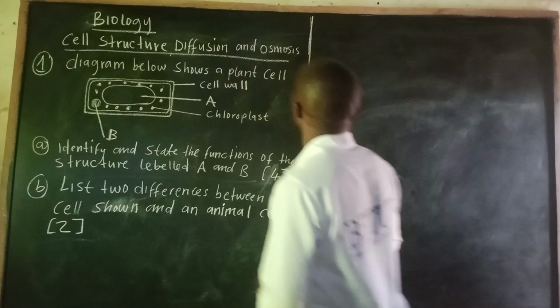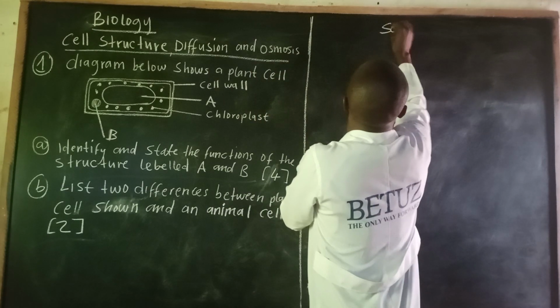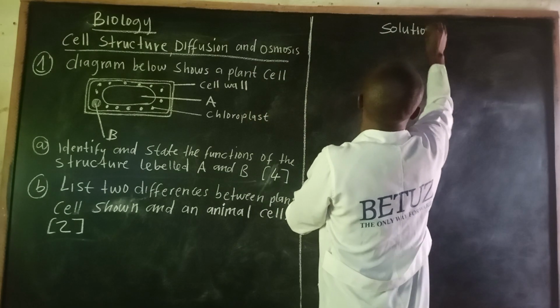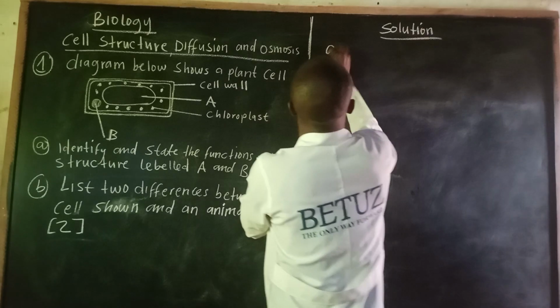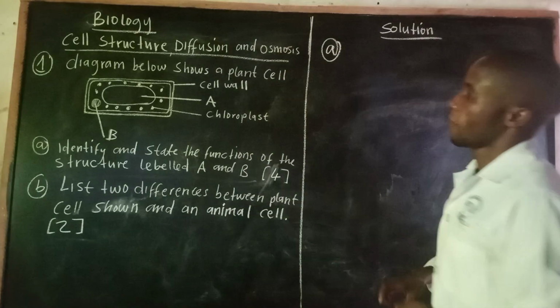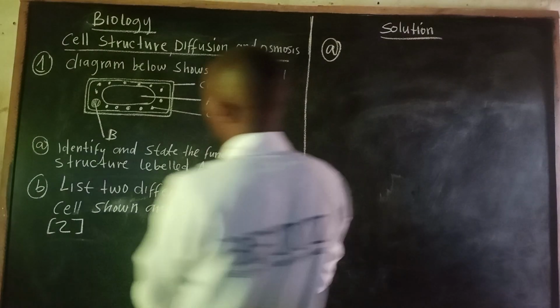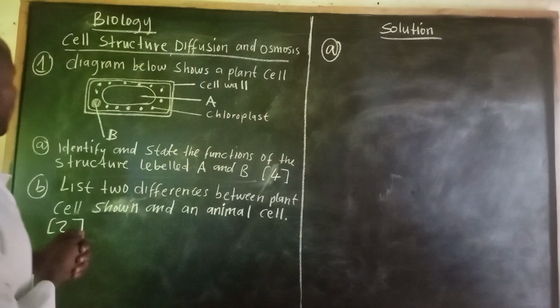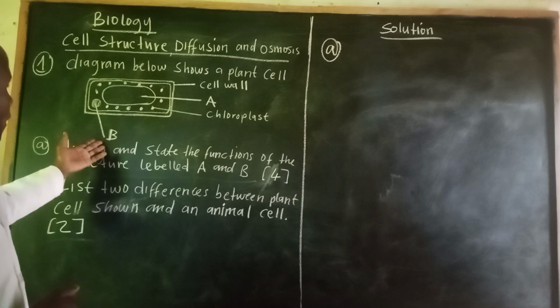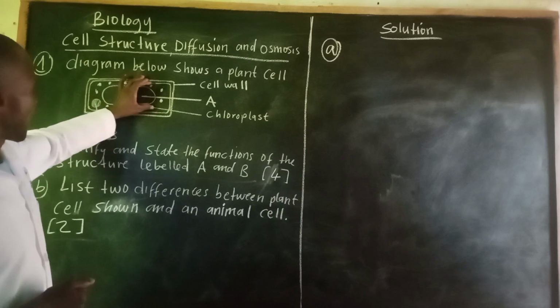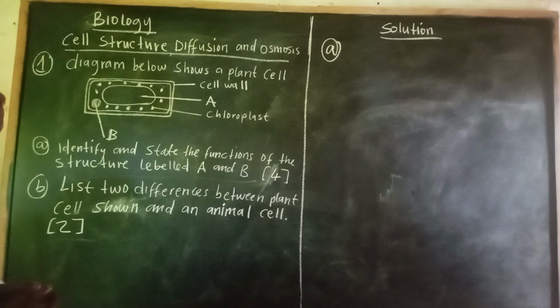Okay, so let us go direct to the solution. A: we are going to identify the structures that are labeled A and B. So structure A, this is the vacuole.